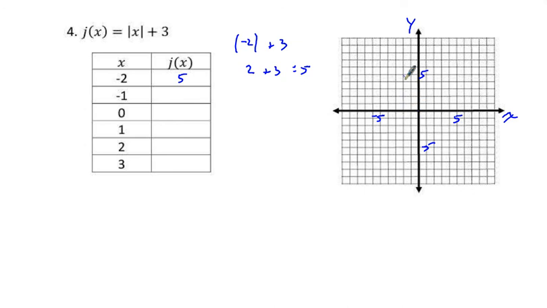Negative 2, 5. Negative 1, the absolute value of that plus 3 is 1 plus 3 or 4. The absolute value of 0 plus 3 is 0 plus 3 or just 3.